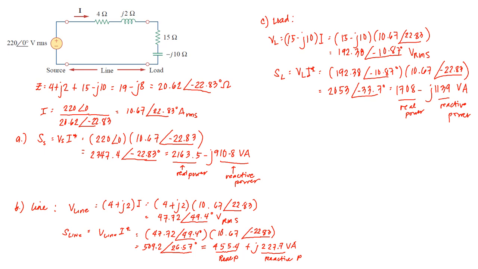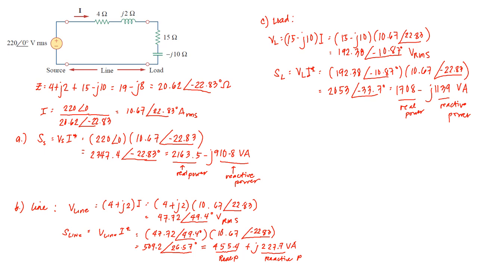So the complex power absorbed by the line, let's say this is S line, the formula is V line times the current conjugate. This will be 47.72 angle 49.4, and then the conjugate of the current, so that is 10.67 angle negative 22.83. So this is equal to 509.2 angle 26.57 degrees.